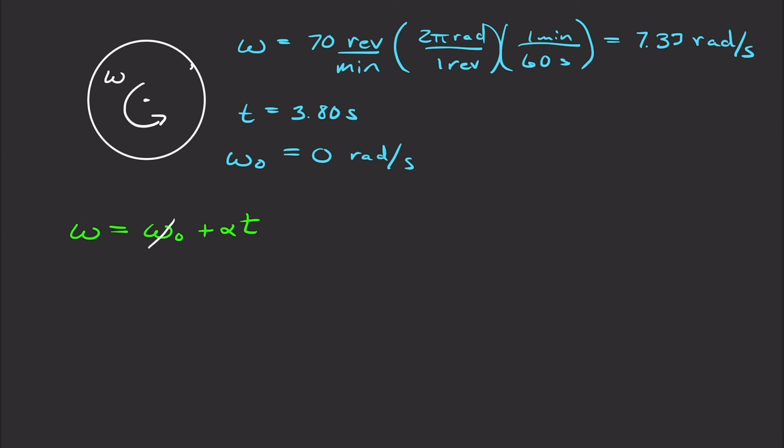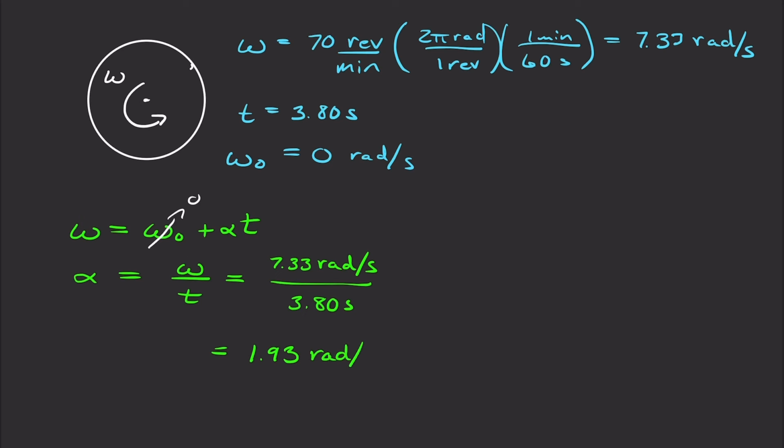We know omega naught is 0. We know omega, we know t, we're looking for alpha. So this is the obvious equation to use. So it's just omega over t. And that's 7.33 radians per second divided by our time of 3.8 seconds. And that gives 1.93 radians per second squared.